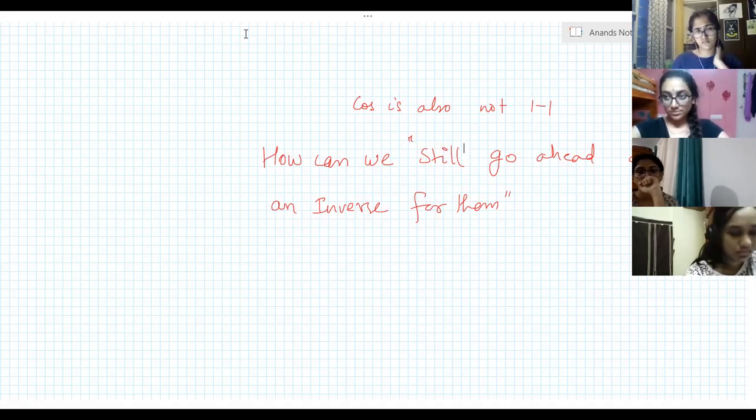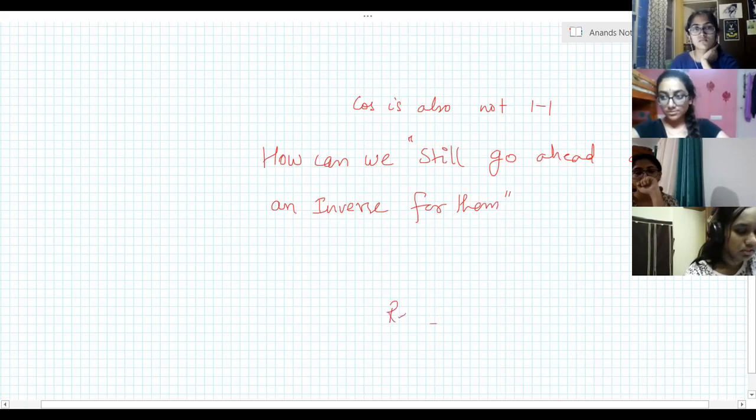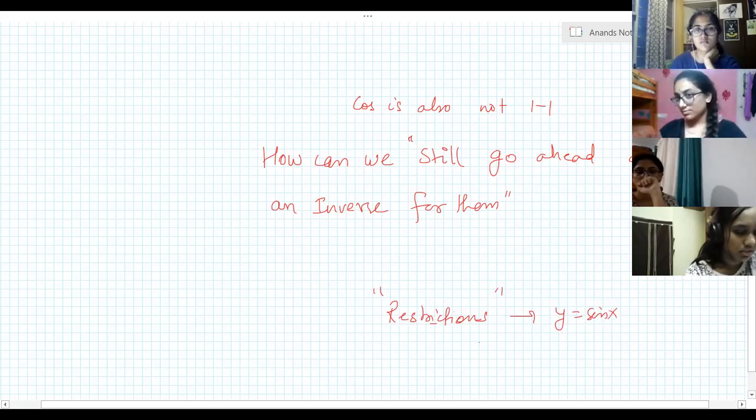Yes, sir. That means we are going to have some restrictions in place. Okay, in a particular restricted case, we are going to examine if y = sin x can be a one-to-one function and also an onto function. Okay, so under those restrictions only we can define an inverse for it.